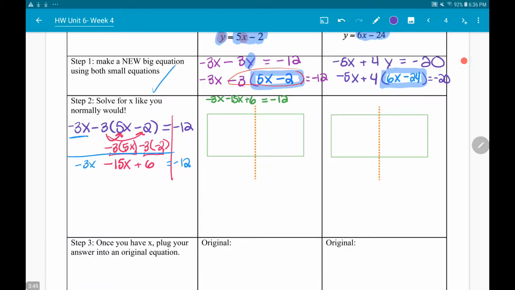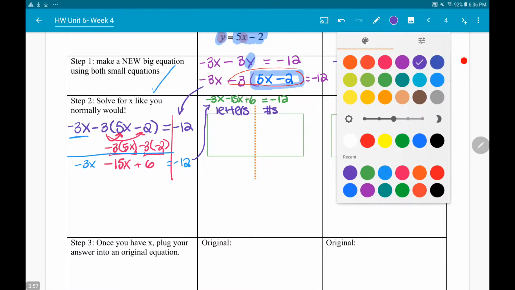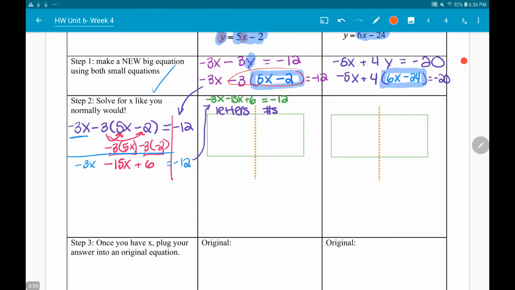All right. So here's my letters and my numbers. All right, so for my letters, I have negative 3x, negative 15x. I did not cross the line, so the signs stay the same. And for numbers, I have negative 12. And then on the other side, I have positive 6, but we got to change that to a negative.